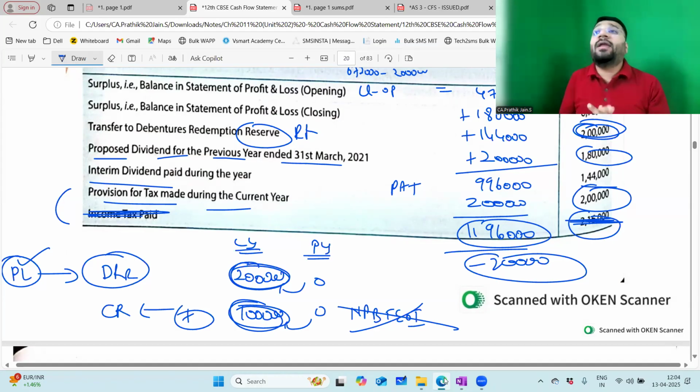Once we complete the full-fledged questions for the indirect method, then we will do full-fledged questions for the direct method. That will take probably 1 or 2 classes maximum. So by next Sunday, 2 weeks from here, we should be done with the cash flow statement. If possible, in between, I'll try to have some extra classes wherever I get time. That will be intimated by Anita ma'am in the schedule. Am I loud and clear with my plan?